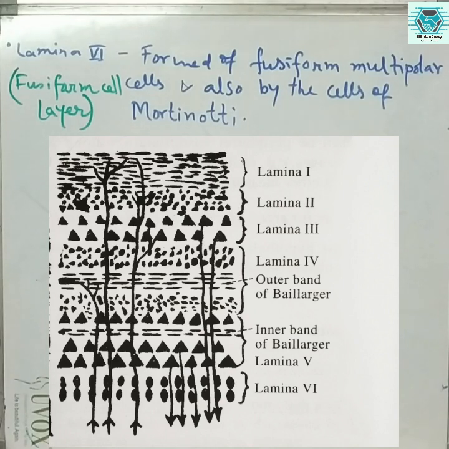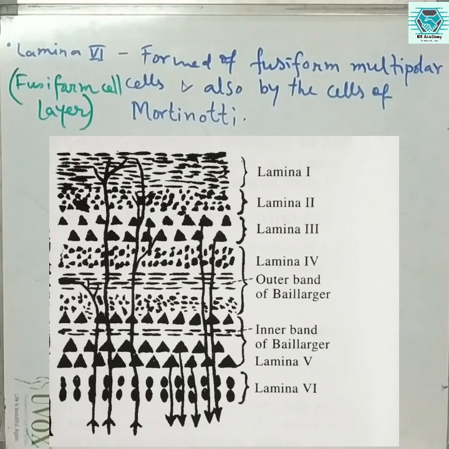In visual cortex, the same layer is very much prominent. So this uniformity is not there. These are the layers of cerebral cortex.